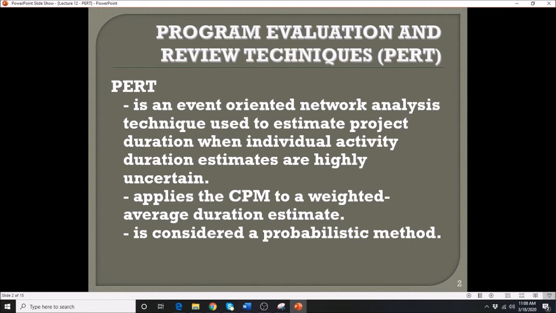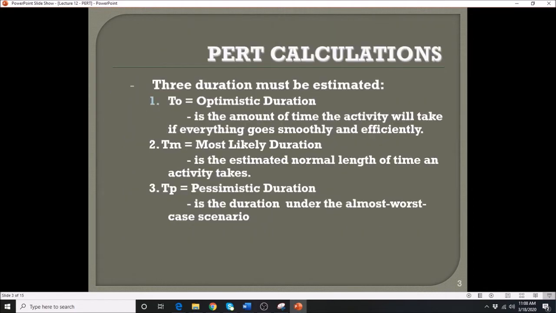So PERT focuses more on the activities that create the critical path, by means of a weighted average duration estimator.